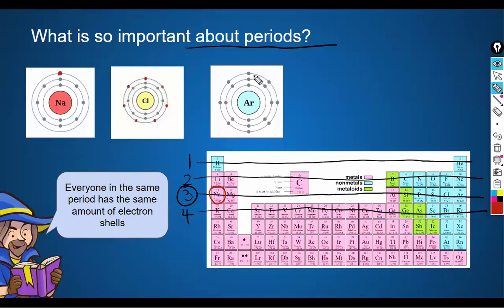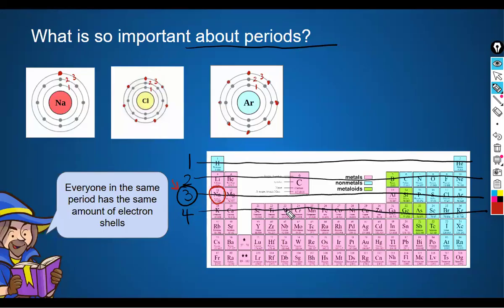And argon is in group 8, so he has 1, 2, 3, 4, 5, 6, 7, 8. So obviously the amount of valence electrons is different. But you notice all of them have 3 shells. They have different amounts of valence electrons, but all of them have the same amount of shells.